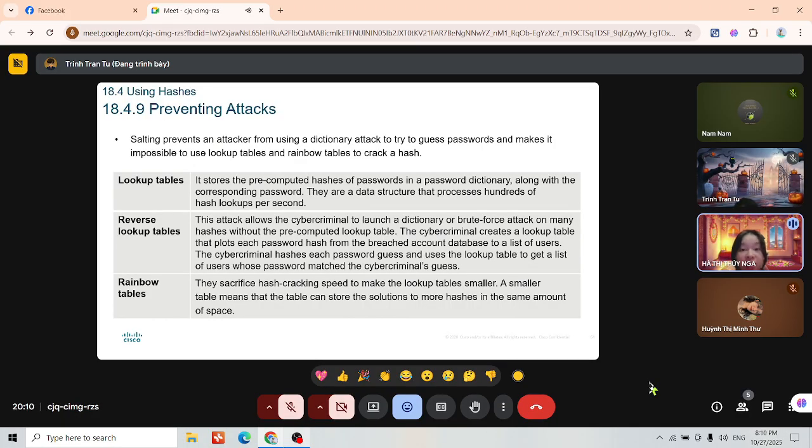The second is reverse lookup tables, using leaked hashes to find shared passwords. And the third is rainbow tables, a compressed lookup method. With salting, all these attacks become useless because every user's hash is unique.